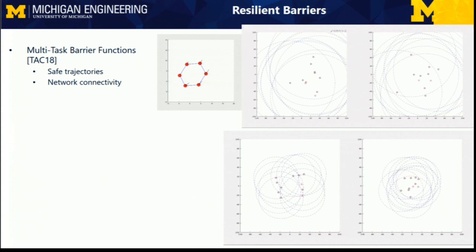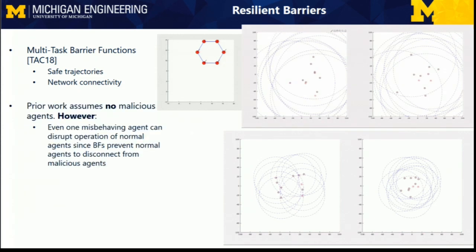So the idea essentially comes down to this: if you want to maintain the robustness of your network, then you want to make sure that you have sufficiently many neighbors.